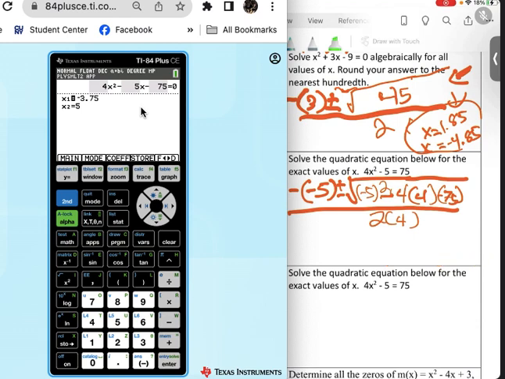Again, I would just use the quadratic formula for that in this case, because it's going to give you a nice number.